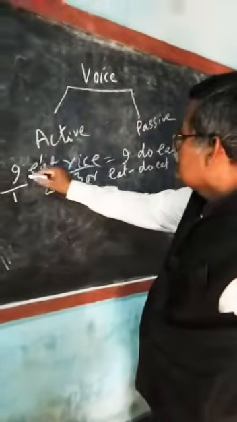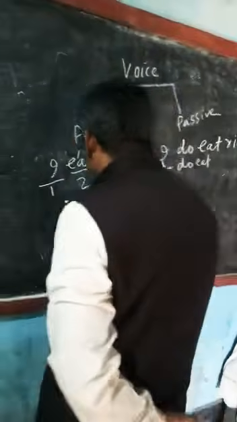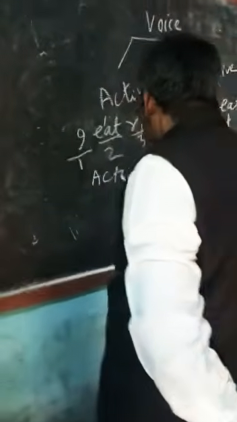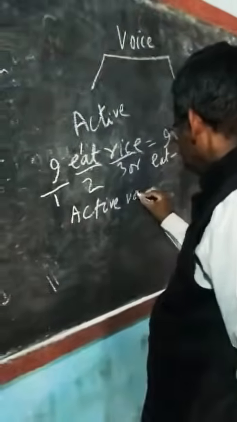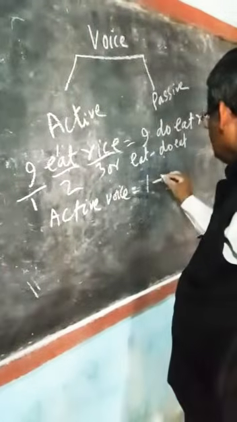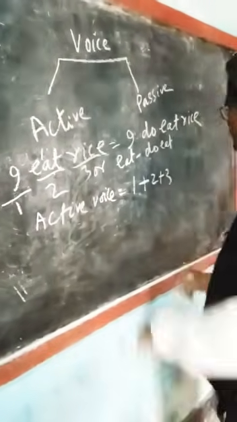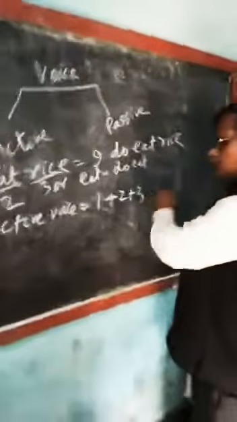So in voice sense, in active voice, the structure is 1 plus 2 plus 3, subject, verb, object.